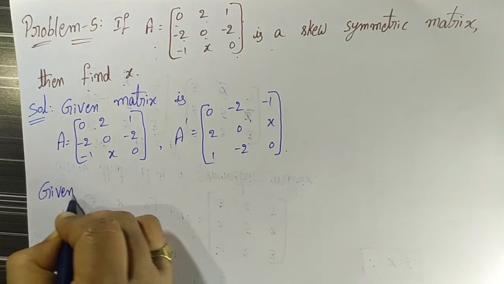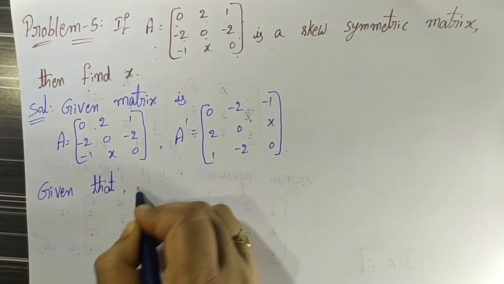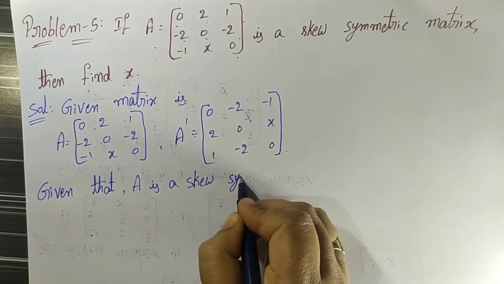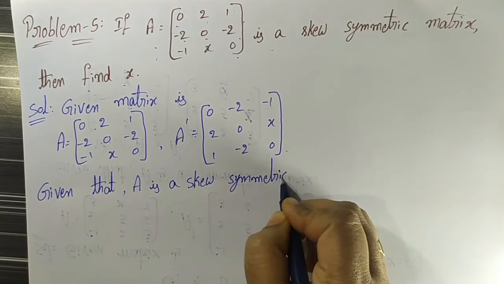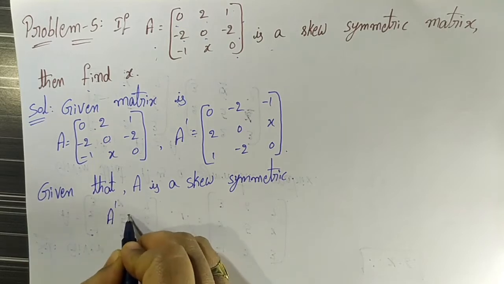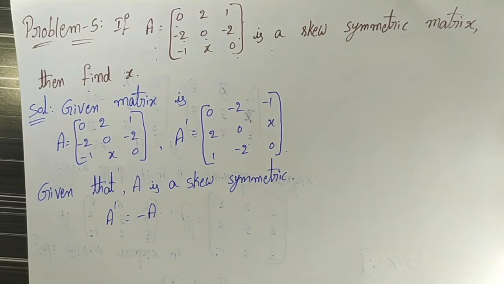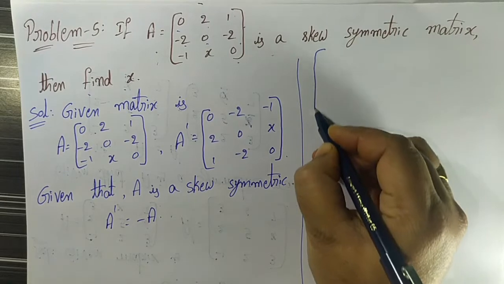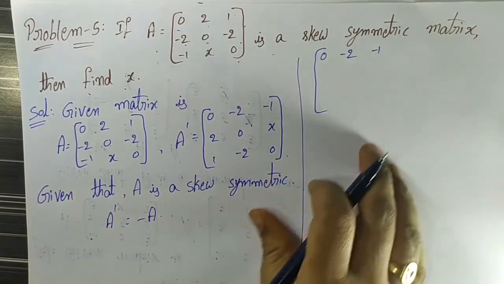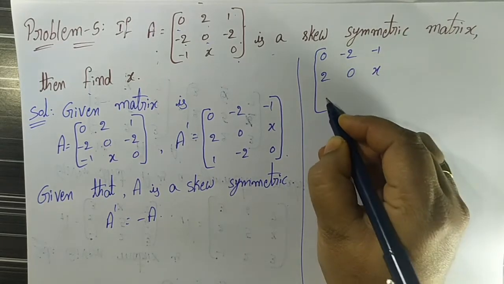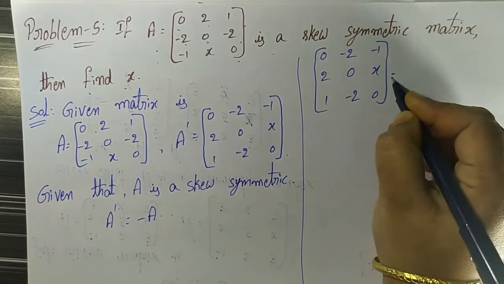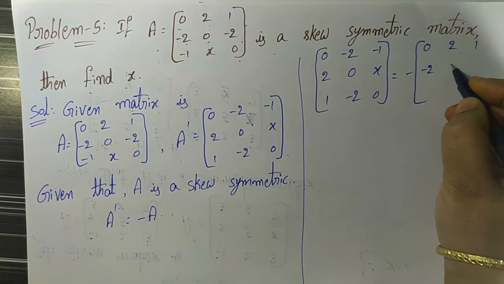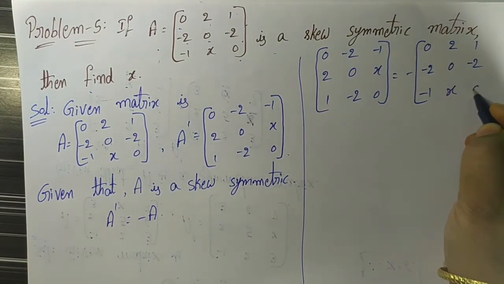Given that A is a skew symmetric matrix, then A dash equals minus A. That means A dash, [0, -2, -1; 2, 0, x; 1, -2, 0], equals minus of A, where A is [0, 2, 1; -2, 0, -2; -1, x, 0].